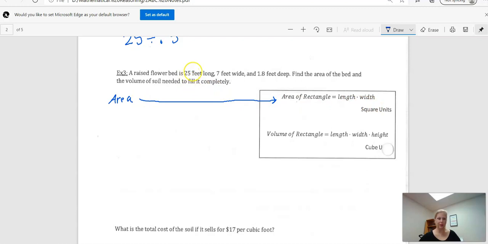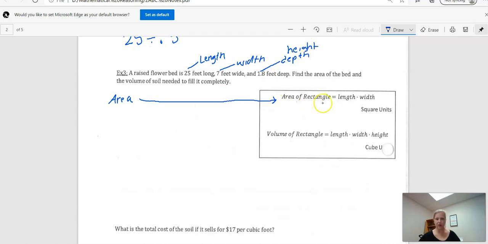It gives us some information. It says this is the length because it's 25 feet long. This is the width, 7 feet wide, and this is the depth. Sometimes we call that the height.